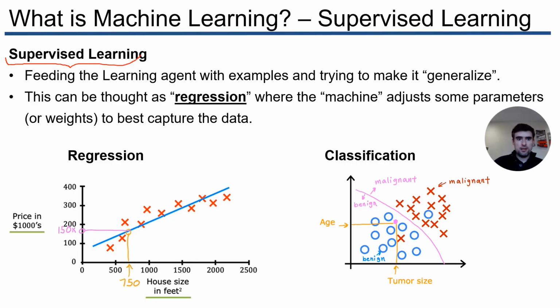Again, the idea is that you feed the learning agent with examples and you hope that it generalizes. This generalization is in the form of fitting some curve to the data. That is what, at least, I like to think about as the general problem of regression.